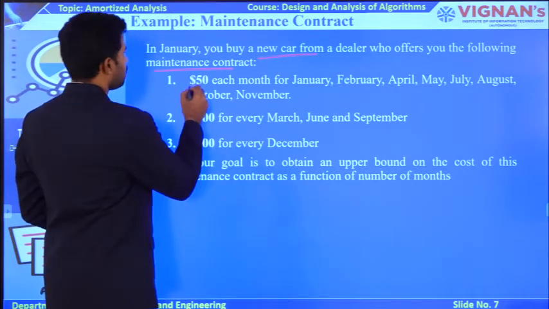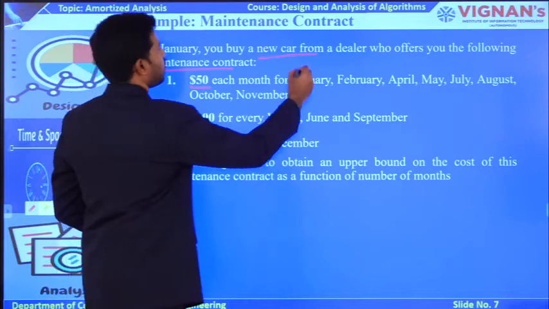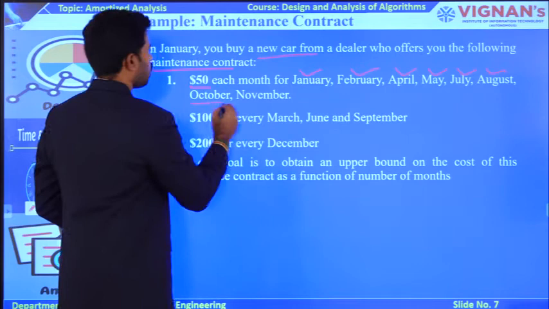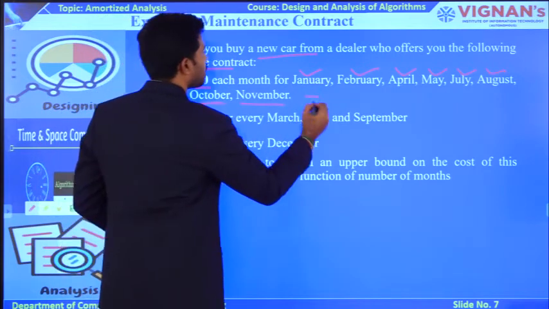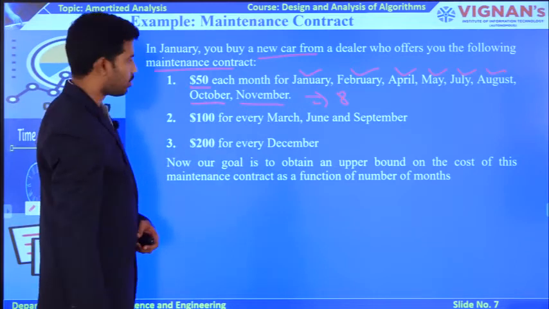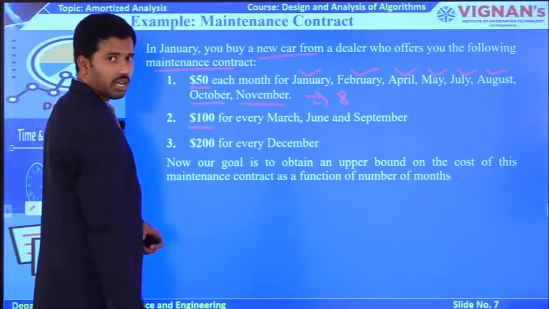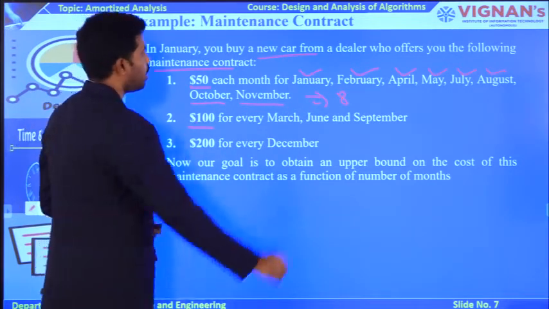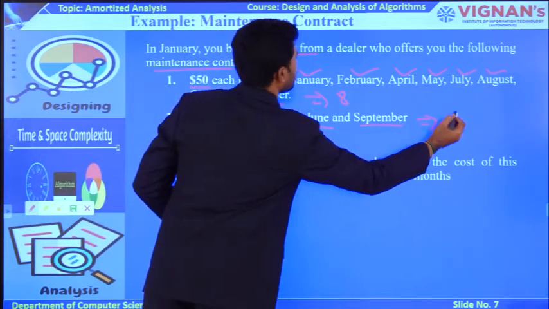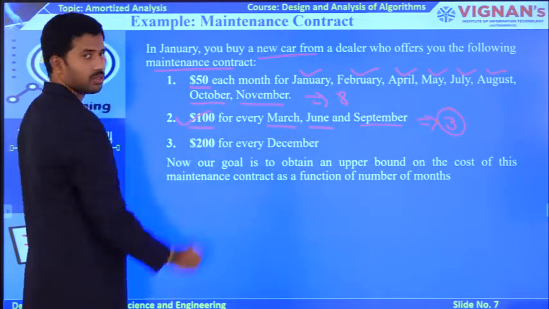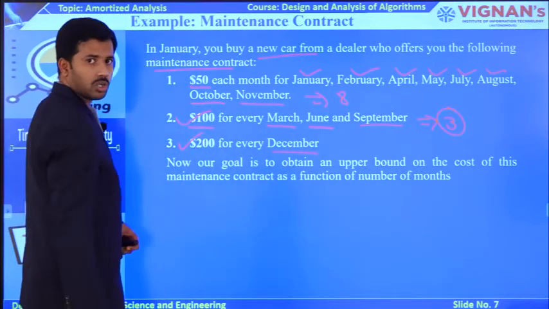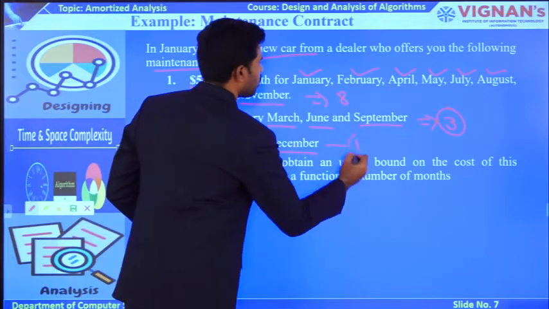They will charge $50 for January, February, April, May, July, August, October as well as November. How many months are there? 8 months. For these 8 months, they will charge $50. And they will charge $100 for servicing your car in March, June, September. In these 3 months, they charge $100. And for December, they charge $200. So December is only 1 month.